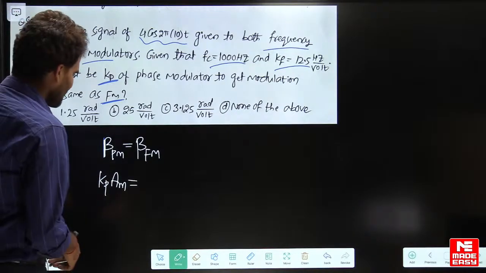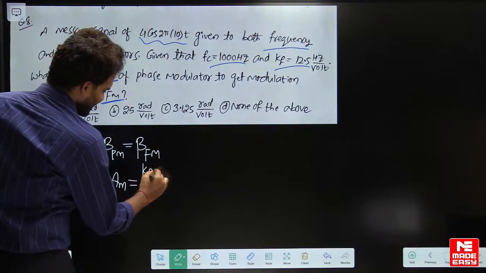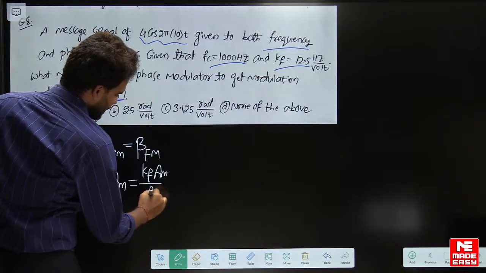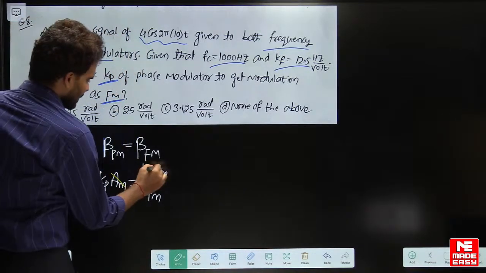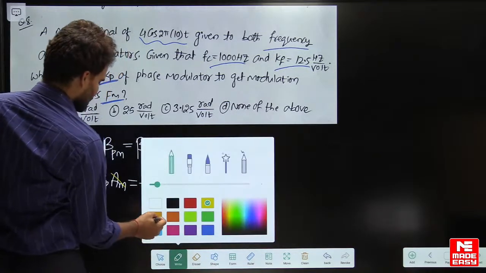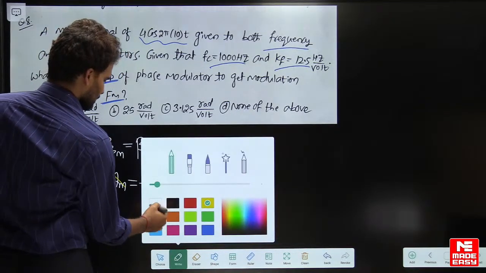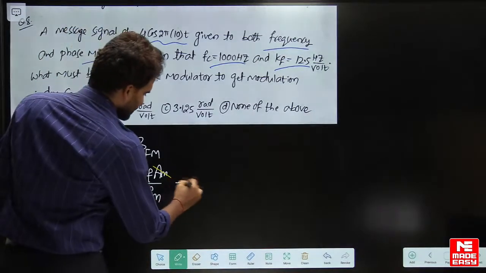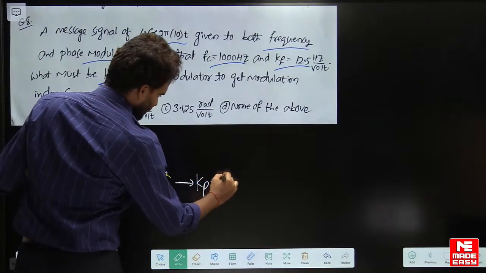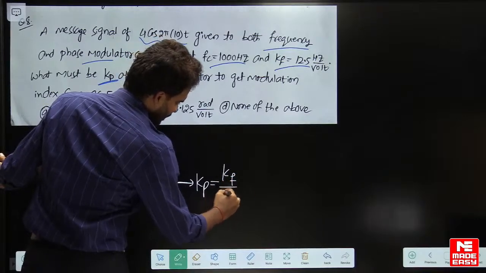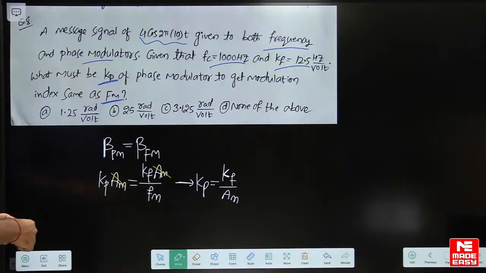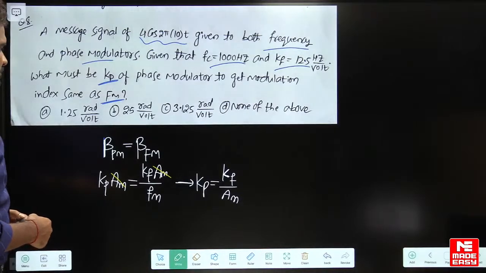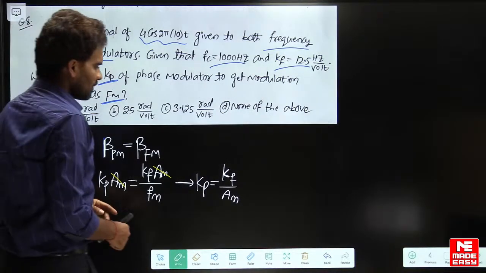Beta of PM you can write as KP AM, and beta of FM directly is KF AM by FM. The AM will be cancelled, then KP will be equal to KF by FM.